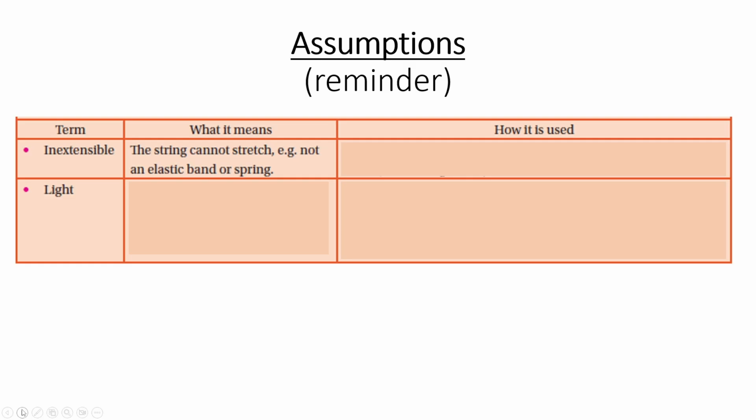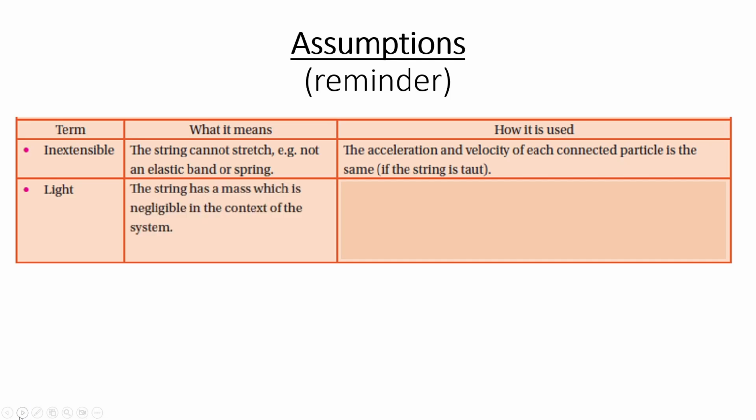In other words, it's not an elastic band or spring. And how is this used? Well, the acceleration and velocity of each connected particle is the same if the string is taut. Now we also know that it's going to be light. What does light mean? Well, it means that the string has a mass which is negligible in the context of the system.